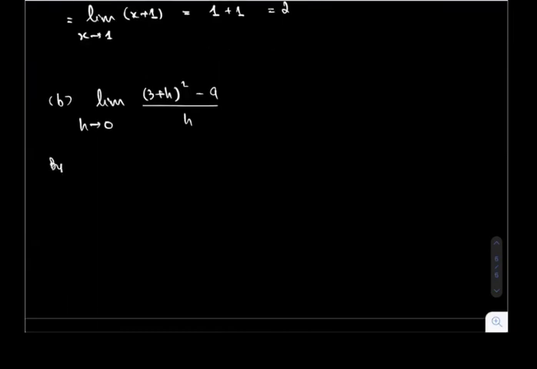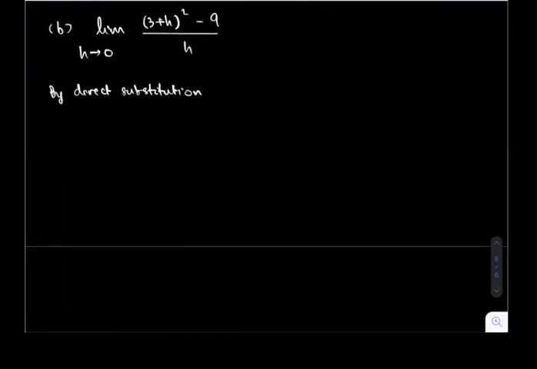By direct substitution, you get 3 plus 0 squared minus 9 divided by 0.